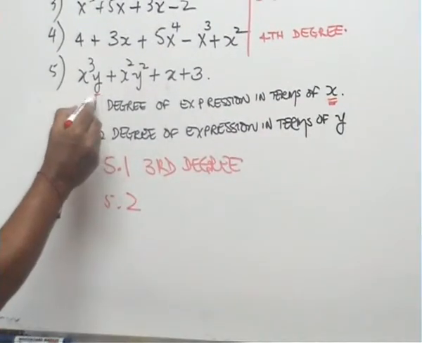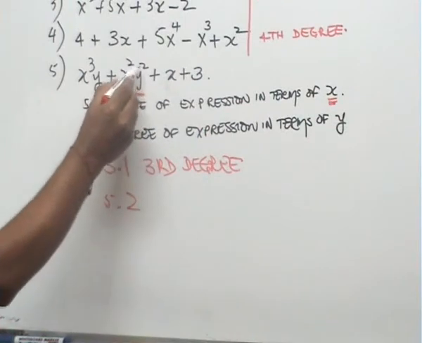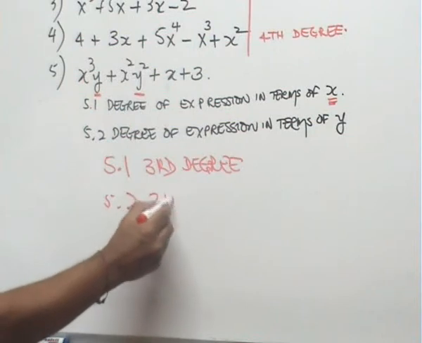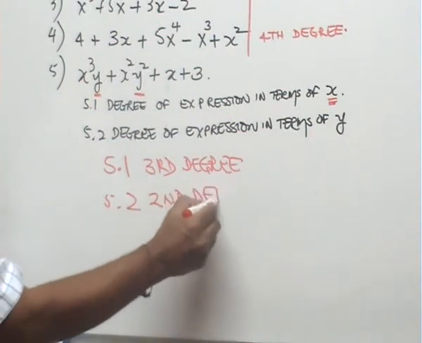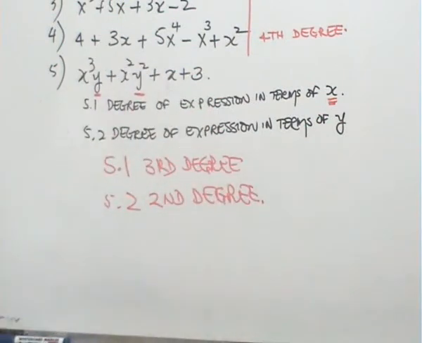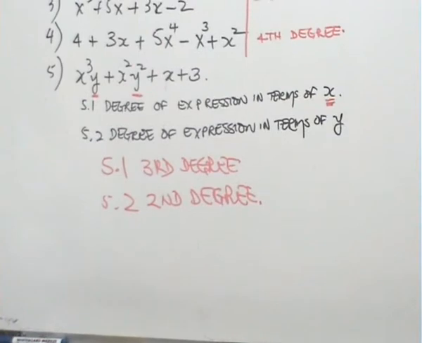So we will study the y's. If we study the y's, the highest index for y is 2. So it is second degree in terms of y. Alright, so that brings us to the end of degrees of expression.